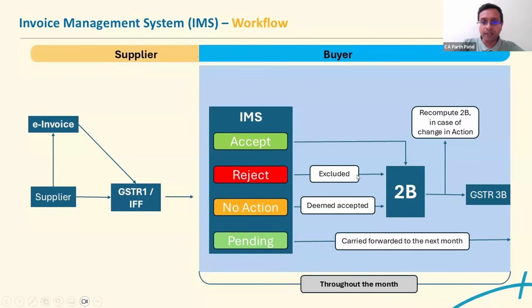So the moment we have taken action on the IMS of accepting, rejecting, and keeping those pending, accordingly GSTR2B can be recomputed. There is a button called recompute GSTR2B, and the moment we do the same, it will change the status of all the bills as per the GST taxpayer's choice, and accordingly GSTR2B will be filtered out, recalculated, or recomputed, and thus the correct value will flow to GSTR3B for the ITC section.